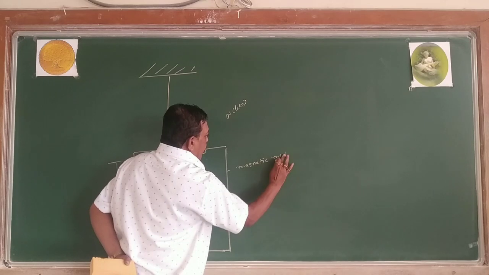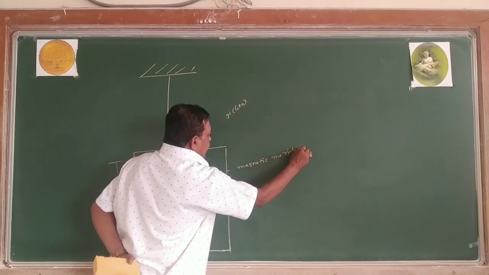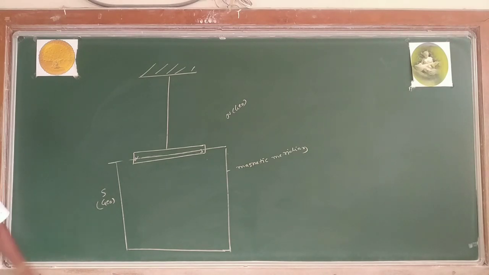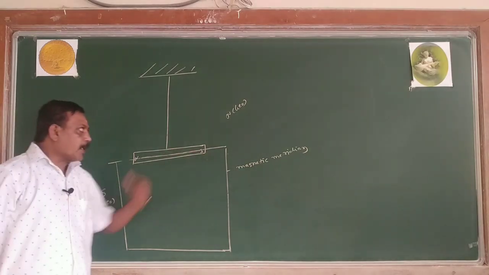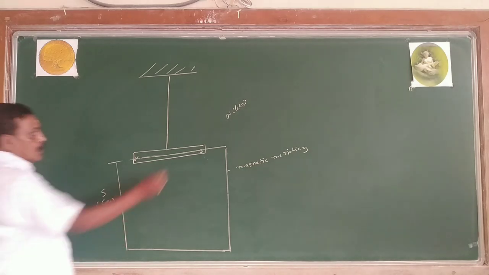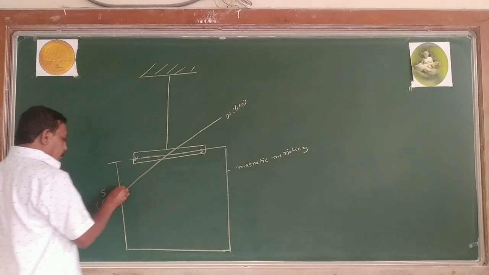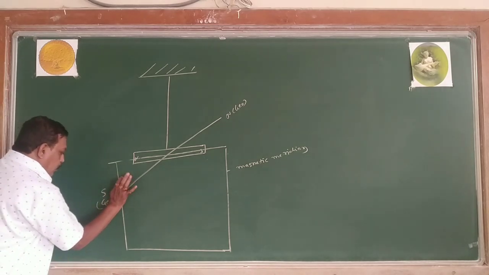The vertical plane passing through the north and south of a suspended bar magnet is known as magnetic meridian. Now this is the vertical plane which contains the line joining the north and south of the Earth.